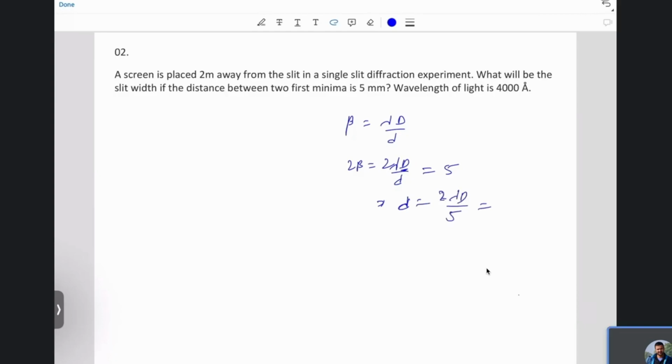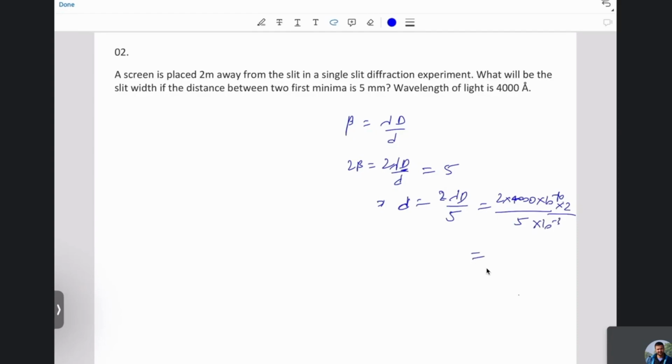And you will put everything: 4000 angstrom is 10 to the power minus 10 meters, and 2 meters, and then we divide by 5. 5 is mm, so 10 to the power minus 3.